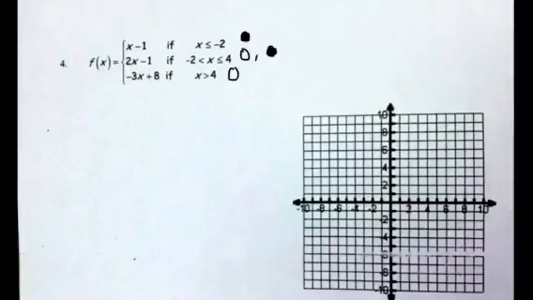So I'm going to go ahead and graph my barrier lines, or my constraint lines. Let's see, one would be at negative 2. So I'm going to try to draw that as close as I can on the line.